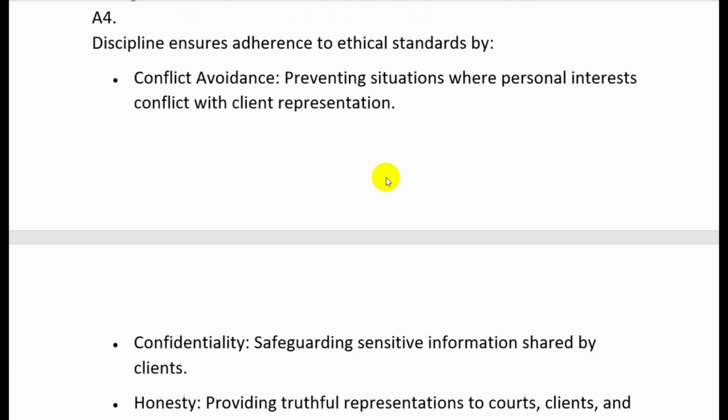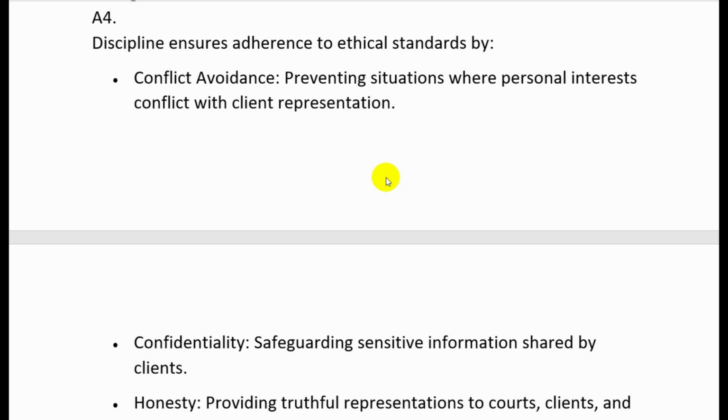So, ethical means not using unlawful ways. Conflict avoidance, preventing situations where personal interests conflict with client representation. If such a situation arises, one should avoid taking up cases where your own personal interests are conflicting with your client's.